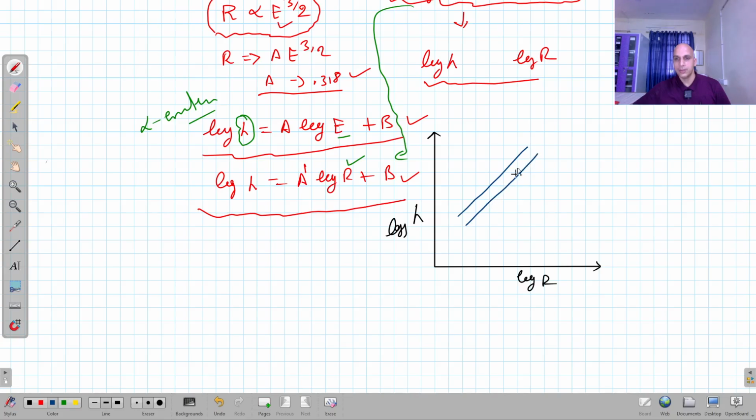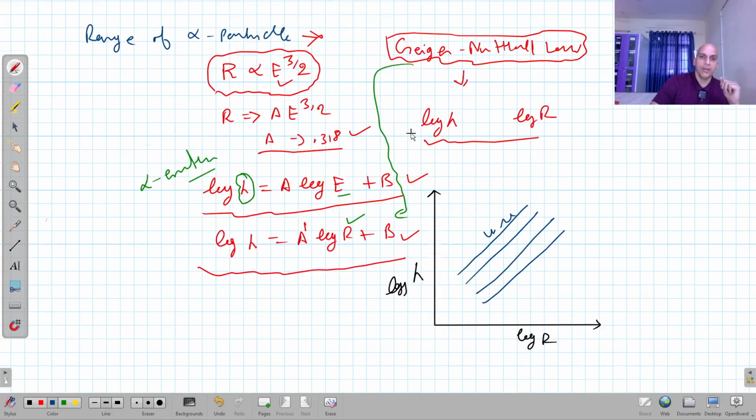First series, second series, third series, fourth series, you will get these types of lines, like uranium series, neptunium series, actinium series. So this is the Geiger-Nuttall law. This is the mathematical form, and the meaning is that when we plot a graph between log of lambda and log of range for an alpha emitter, then we get a nearly straight line for each radioactive series, right?